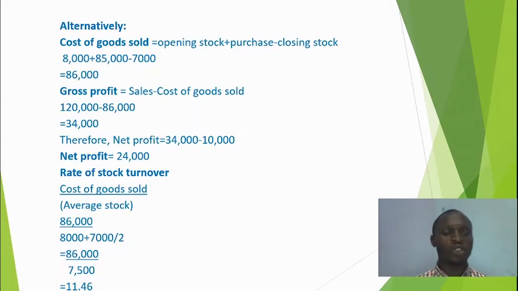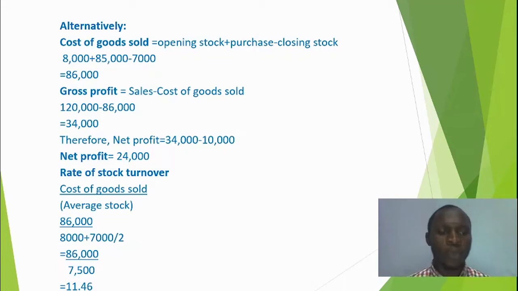Our cost of goods sold is 86,000 divided by 8,000 plus 7,000 divided by 2. Remember, the formula for average is the opening stock plus closing stock divided by 2.